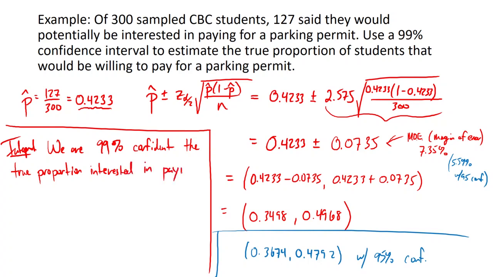Then you tell people what you were trying to estimate, because we were looking at the true proportion interested in paying for a permit. And then you can report your bounds: between, and then it would be this case. A lot of times we'll switch them back to percentages just because people understand those really well. So we'd say something like that.